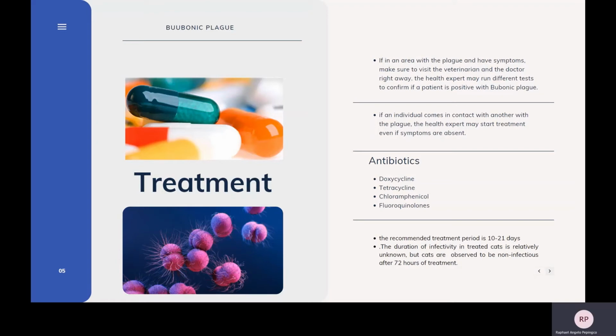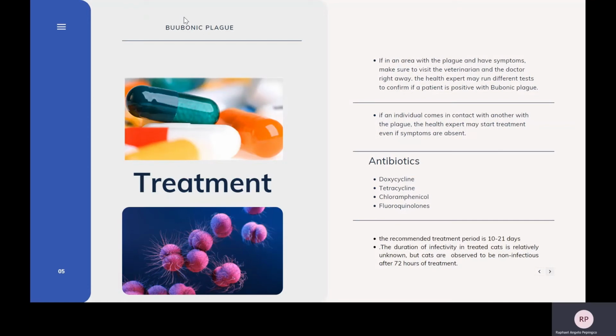symptoms are absent. So common antibiotics are doxycycline, tetracycline, chloramphenicol, and fluoroquinolones. So for fluoroquinolones, the clinical trials are not yet sufficient, but growing evidence suggests from their use in enzootic areas that they are effective in the treatment of plague in dogs and cats.